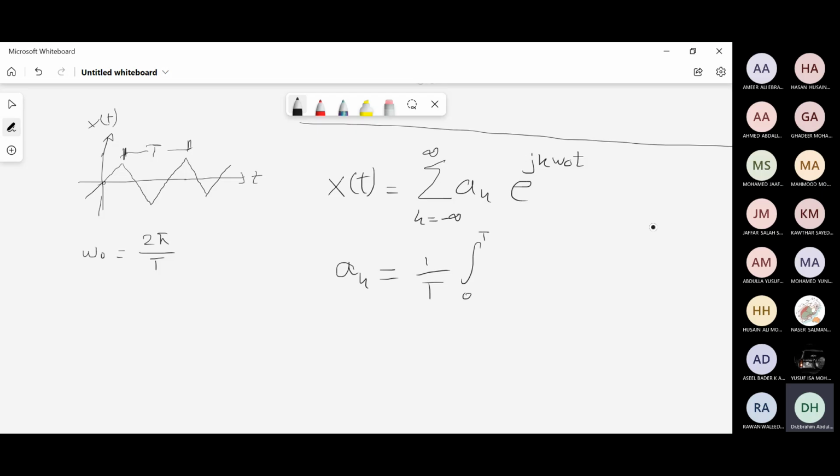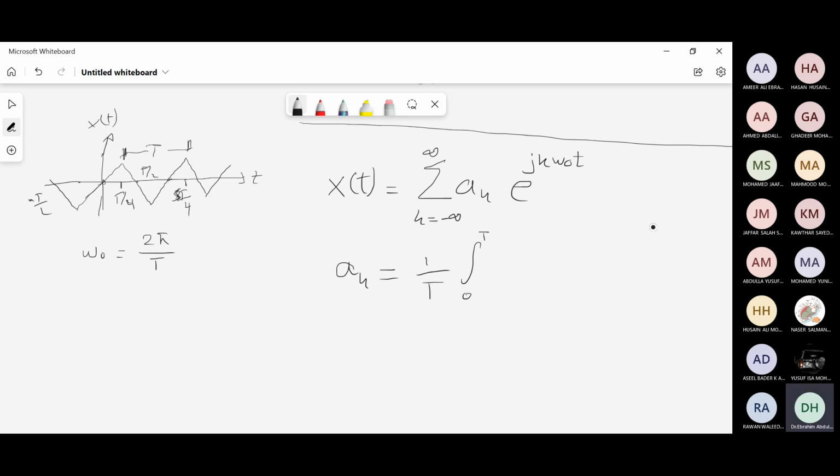It is not necessary to be from 0 to T. It could be from T over 2, for example, to 3T over 2, or from T over 4 to 5T over 4, or from minus T over 2 to T over 2.